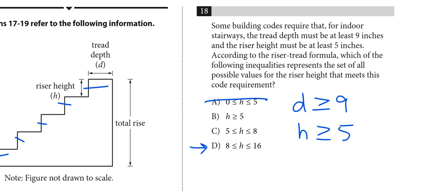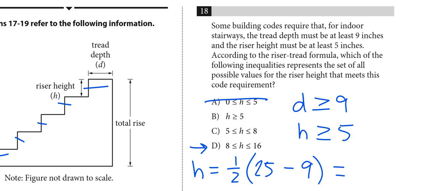But, I don't know. Let's see here. We said that h equals 1/2 of 25 minus d. Let's say I plug a 9 in there. Okay, so that would be the minimum tread depth. So what do we get if we do that? We get 8, don't we?